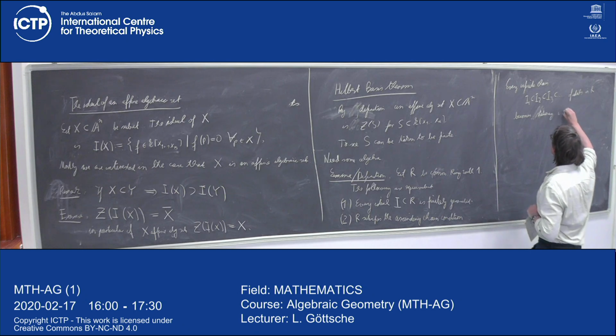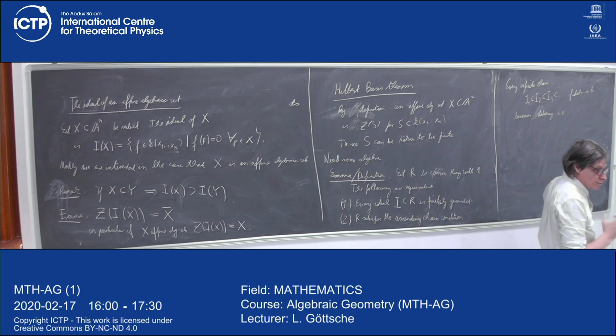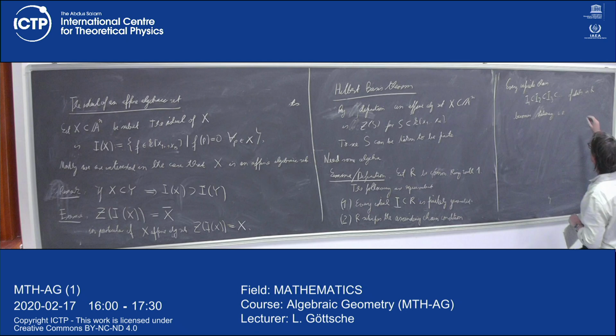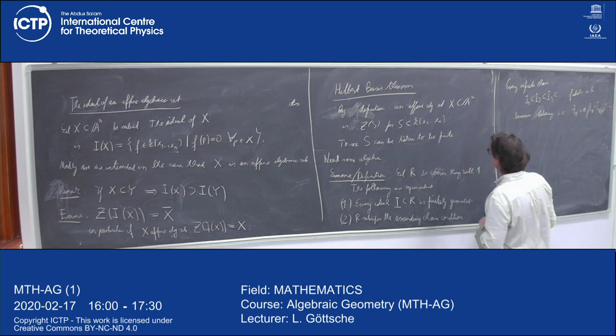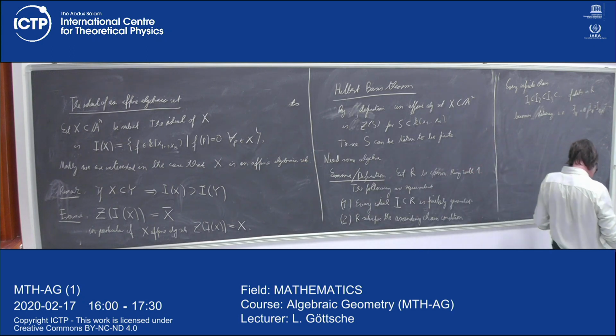That means from a certain point onwards, all the ideals are the same: there exists an n such that I_n equals I_{n+1} equals and so on. So they cannot get bigger in infinitely many steps. Now we'll have to prove that these are equivalent. A ring with this property is called Noetherian.